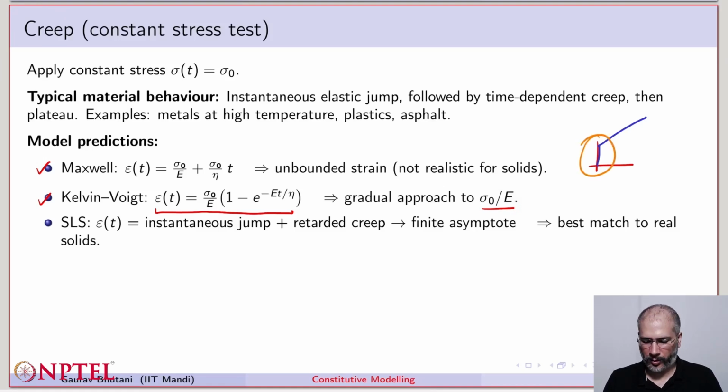Because if you put t equal to 0 in this equation for epsilon, you see that epsilon is 0. And this is where our standard linear solid model shines, because it shows both the instantaneous jump in strain and the retarded creep that is asymptoting to a finite value of strain. So the SLS model provides the best match for creep scenario.